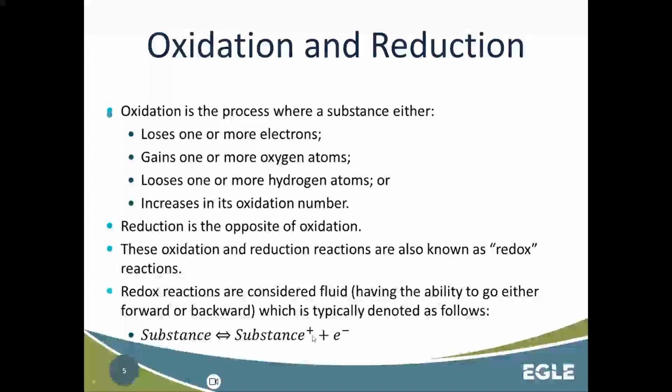It's going to be driving off that electron, and now it's going to be in this oxidized form of iron. Obviously that can work with any sort of metal. It's all dependent on what that actual chemical reaction is.